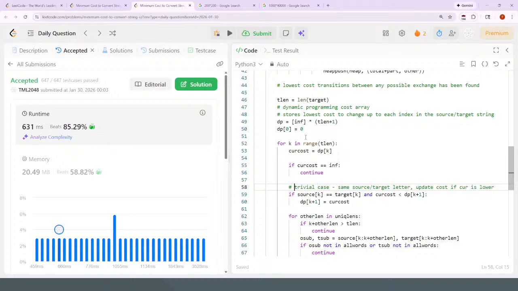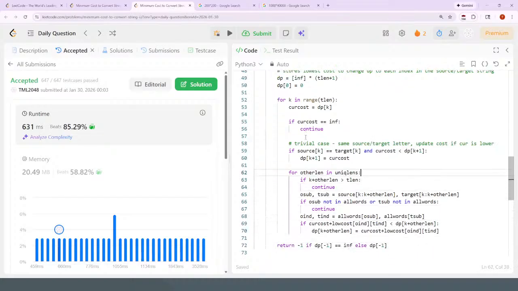If it is the case that the source and target are the same letters, then one possibility is just to push and not do any exchanges for this index. So if the current cost is smaller than the smallest stored cost to get to the next letter, then push this cost.